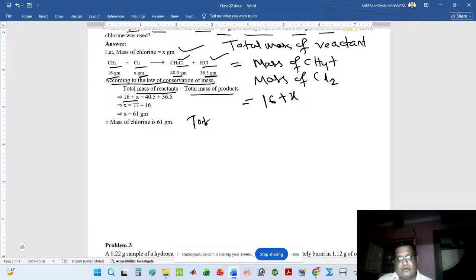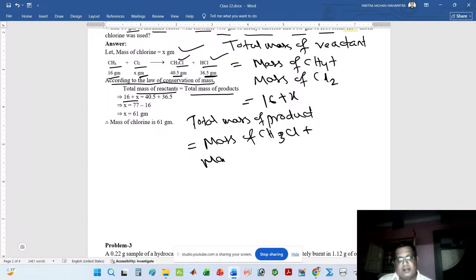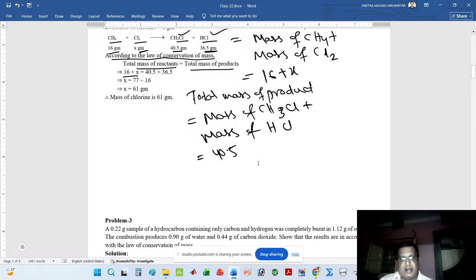Total mass of product is equal to mass of CH3Cl plus mass of HCl. Mass of CH3Cl is 40.5 gram, and mass of HCl is 36.5 gram.